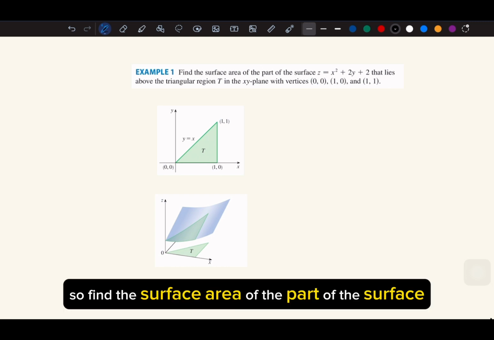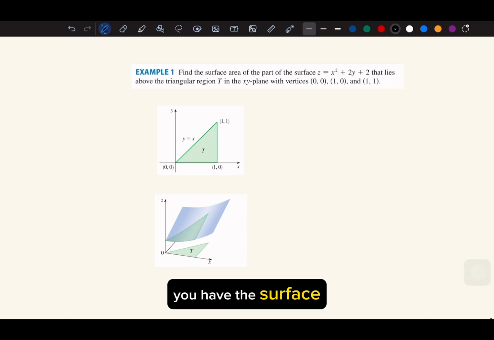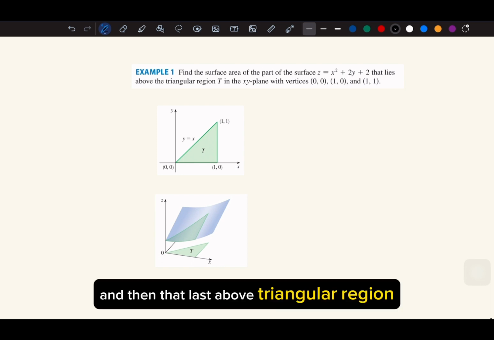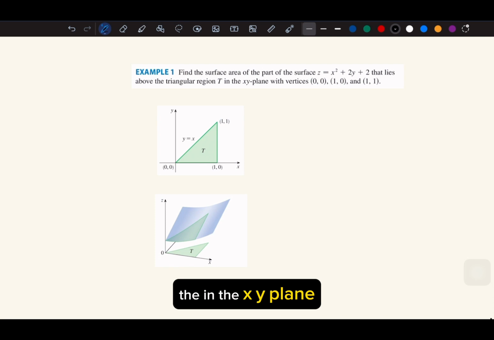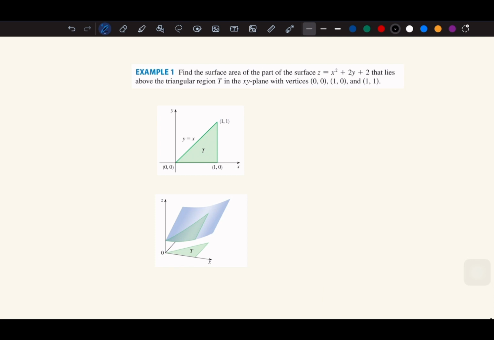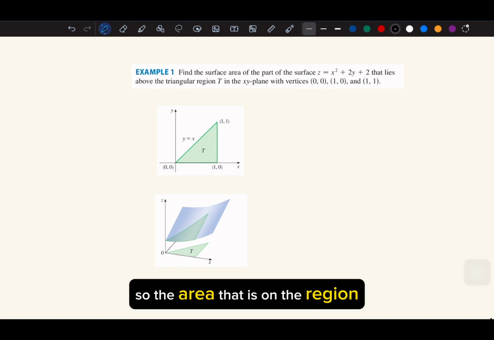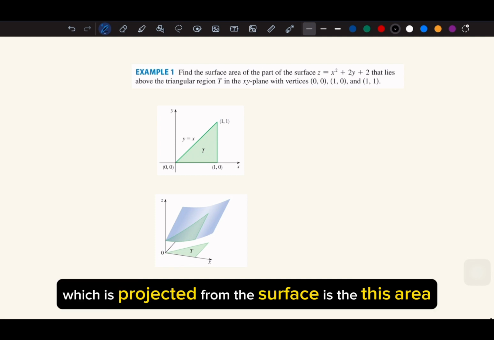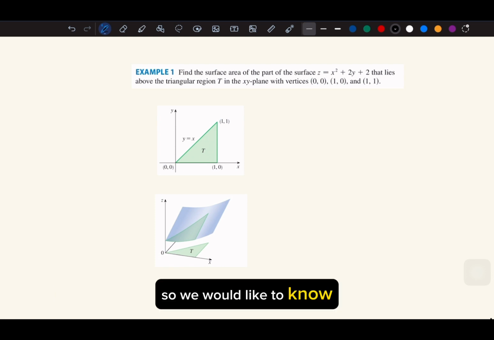Find the surface area of the part of the surface that lies above the triangular region T in the xy plane. So the area on the region, which is projected from the surface, is this area. We would like to know that.